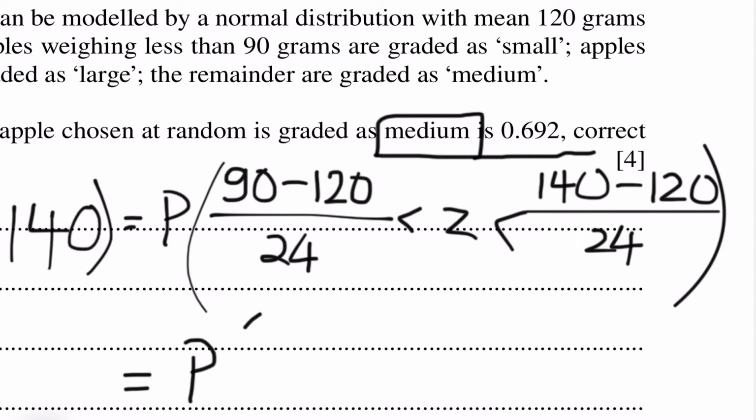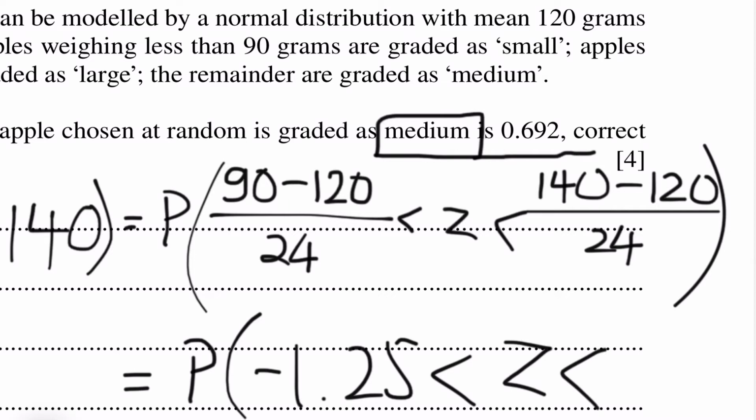Now your value will be P negative 1.25 smaller than Z smaller than 0.833.